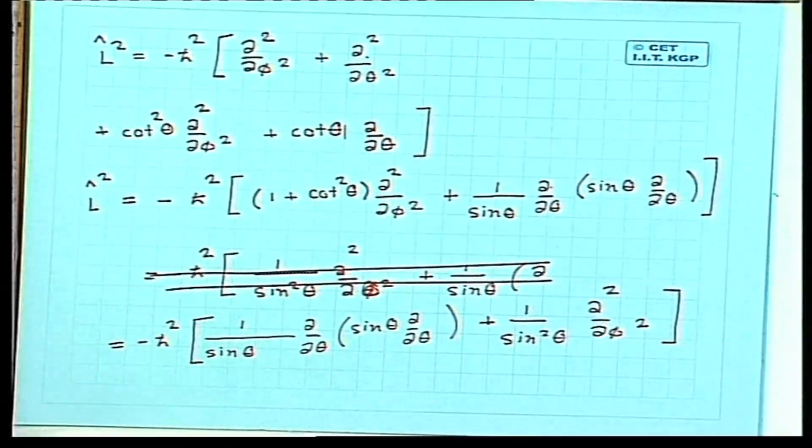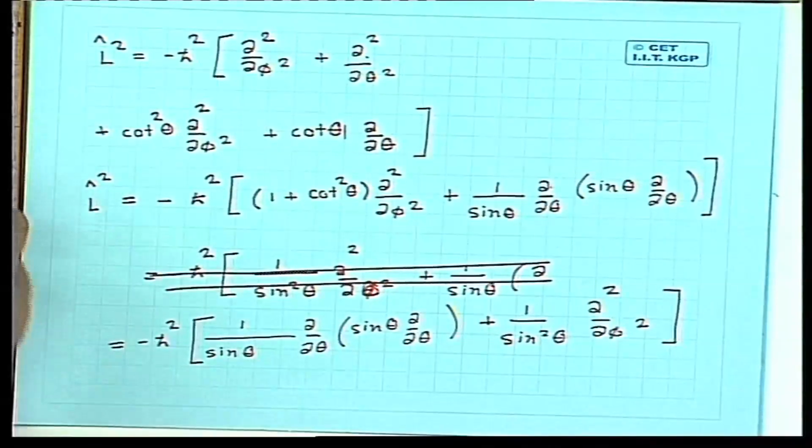Now let us go back to the problem we had started out with. We were looking at the Schrodinger equation for a particle in a three-dimensional potential, and this problem we had separated into two parts. One part was the radial part, and the other part was the angular part. We had used the separation of variables to separate this problem into two parts.